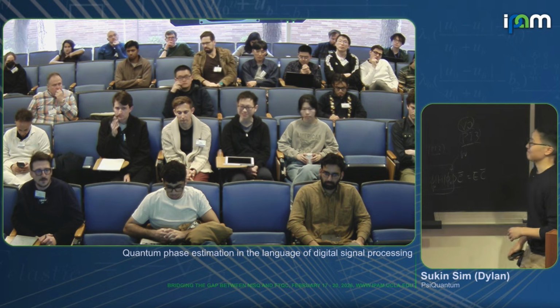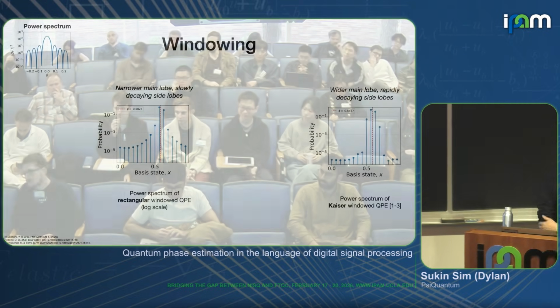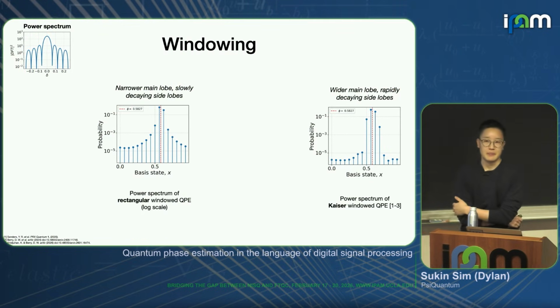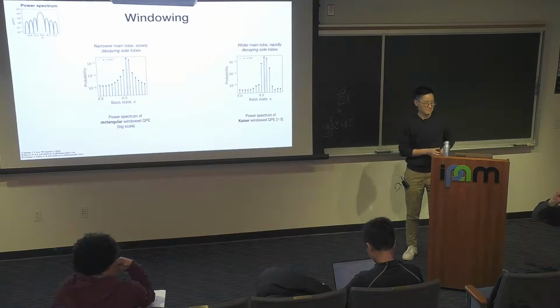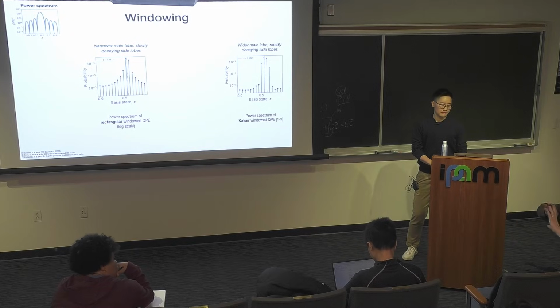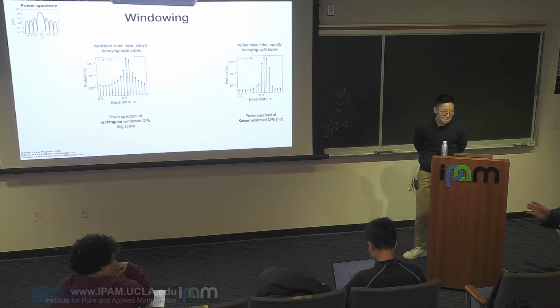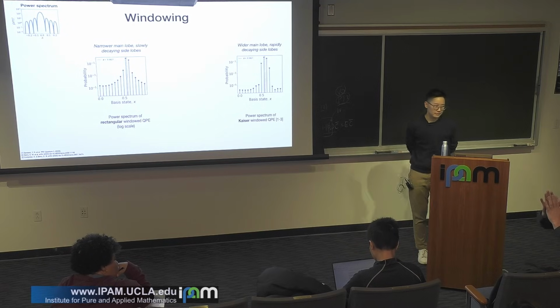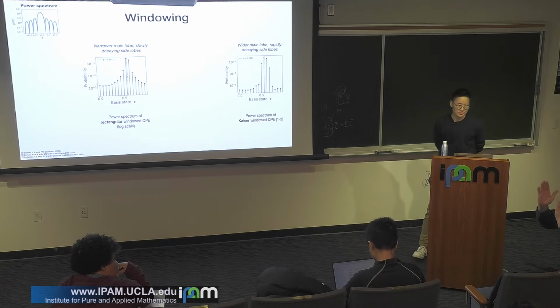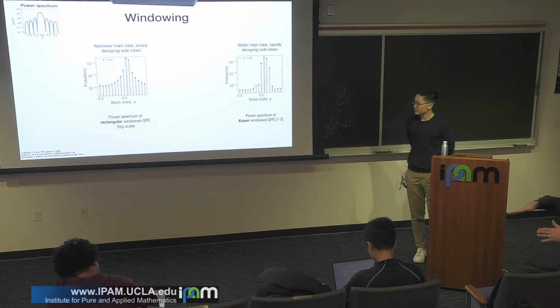I see. Thanks. One more question. From Lex's question, I'm realizing that there's some intuition I'm lacking. You're talking about how changing the window function can trade lobe width and decay.